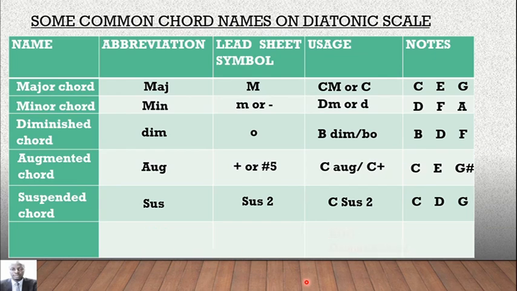The second one is sus4. And of course, you are shifting the third to the fourth. Then you have the root, the fourth, and the fifth. So you have C sus4, like C, F, and G. Right? It's an unstable chord. So it calls for resolution, right?